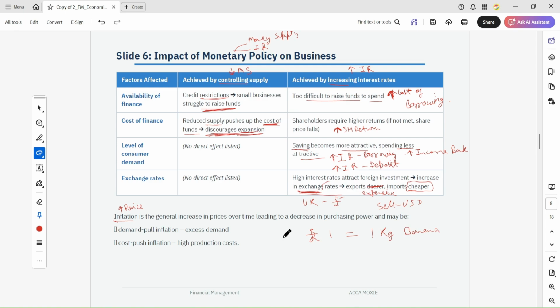This is the previous year, this is the current year. So now this year, 1 British pound can only get 700 grams of banana.